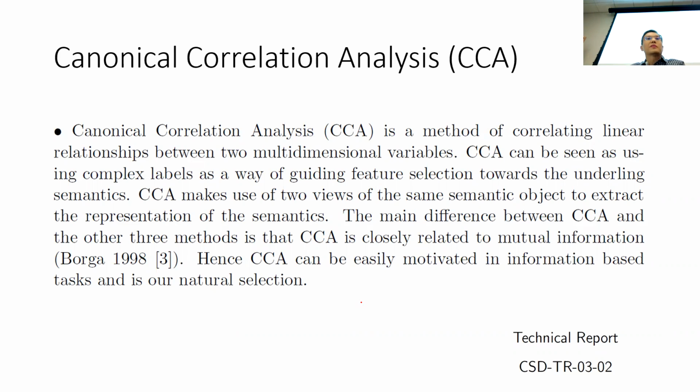Okay, let's spend a couple of minutes looking at the technical details of this CCA. Canonical correlation analysis is a method of correlating the linear relationship between two multi-dimensional variables.